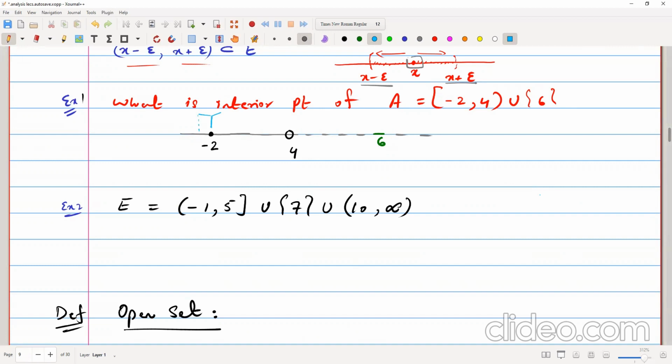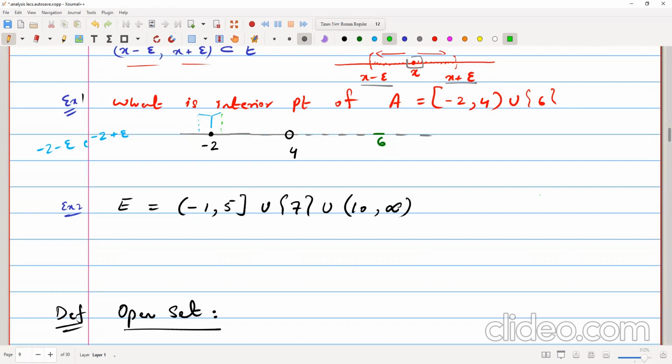So if this point is -2, we have -2 plus epsilon, but we don't have -2 minus epsilon, because on the left side, whatever the points are, they are not included in the set. The points on the right are in the set, but the points on the left are not. So -2 cannot be an interior point of the set.